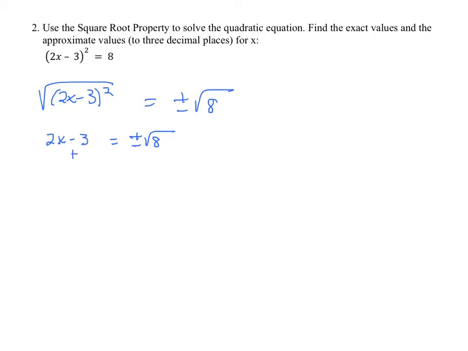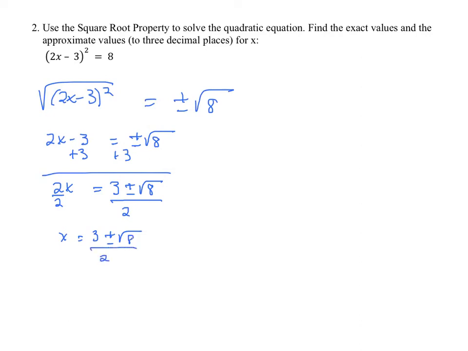So I'm going to add 3 first. So I will get 2x is equal to 3 plus or minus the square root of 8. And then I'm going to divide everything by 2. Perfect.